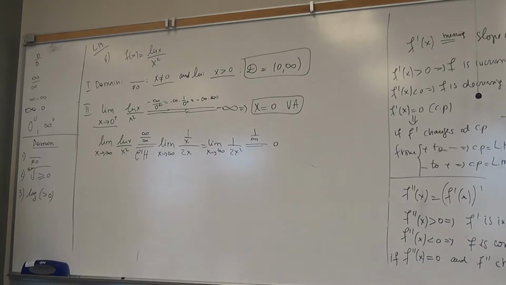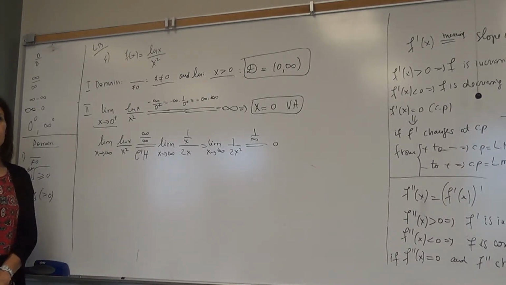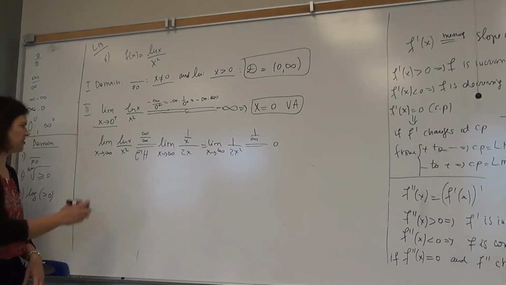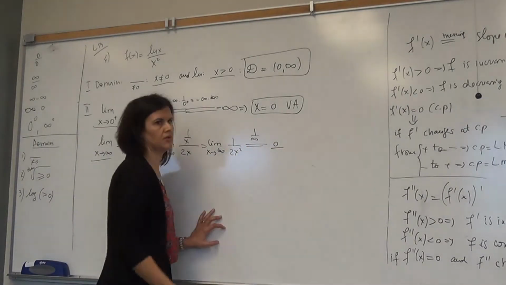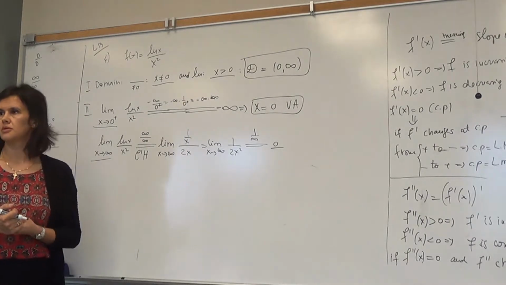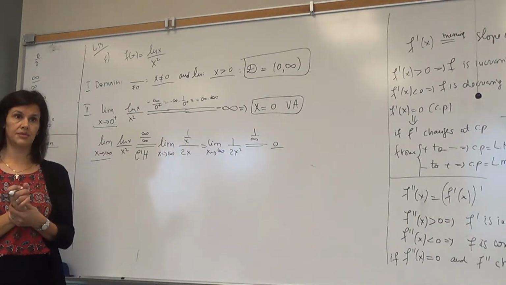Do I have an asymptote? Do I have a combination of an infinity with a finite number? I have infinity here and I got a finite number 0. So how do you read the asymptote here?